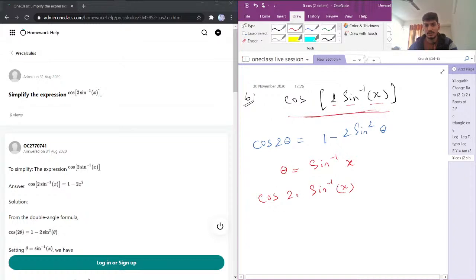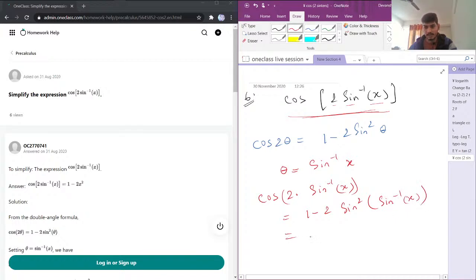So cosine of 2 times theta, and theta here is sine inverse of x, equals 1 minus 2 times sine square of sine inverse of x.